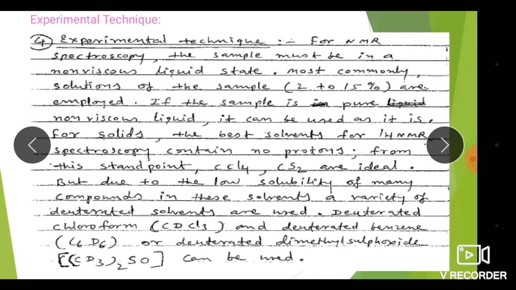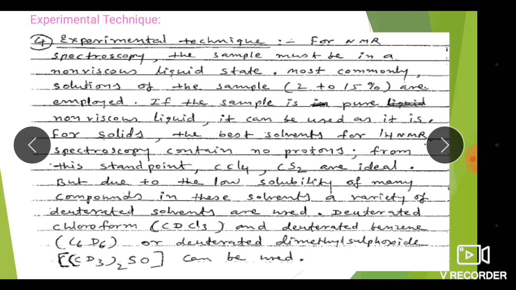Then the experimental technique. What type of experimental technique is used for NMR spectroscopy? The sample must be in a non-viscous liquid state, not in a viscous state. Most commonly, solutions of the sample, 2 to 15%, are employed. So what is the concentration? 2 to 15%.